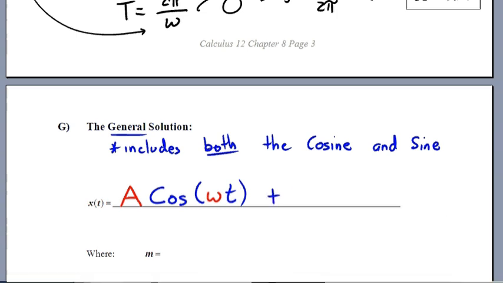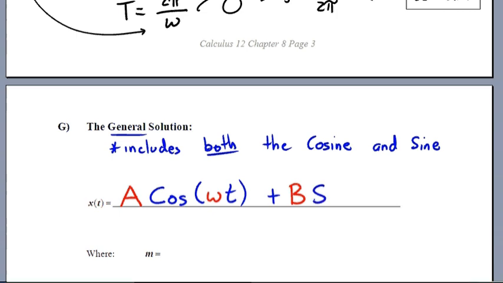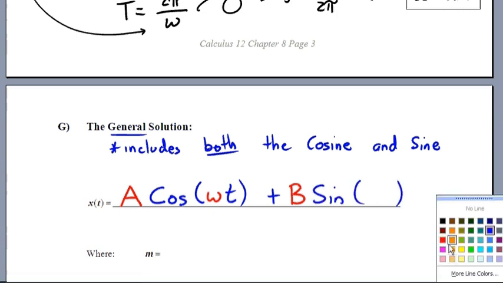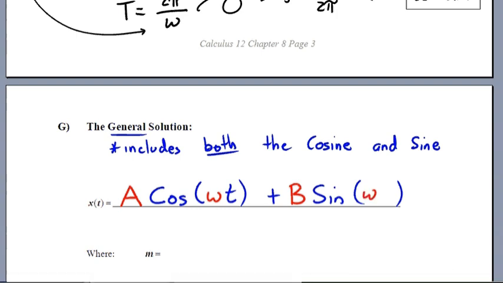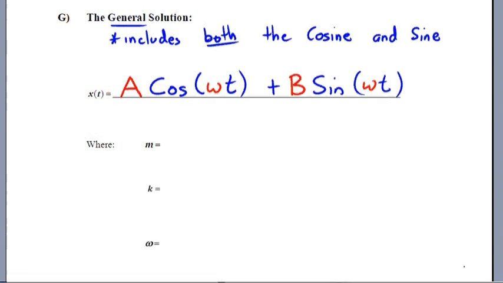Plus, and then possibly another number here, a B, multiplied by the sine of omega t. And it'll be the same omega. So we've got some red things that we'll have to go and find for any given story in order to truly describe the bouncing. So let me offer you some advice for how to do that.